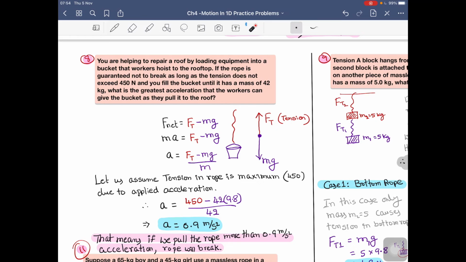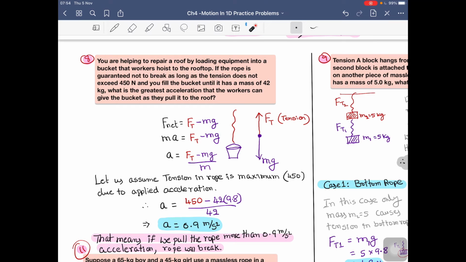The force applied by the rope on the bucket, we can call tension. Tension here is in the upward direction. So net force equals tension minus mg. I have already taken the negative sign here because the force is in the downward direction.